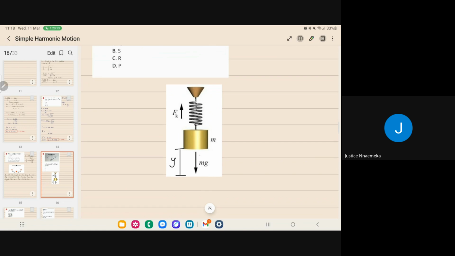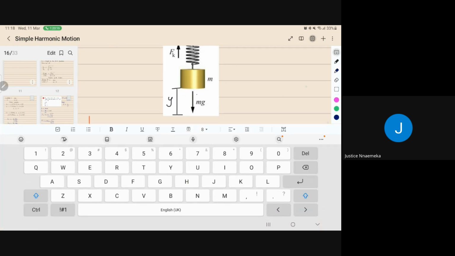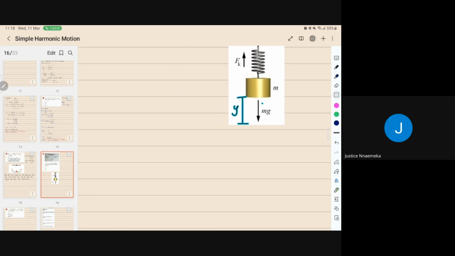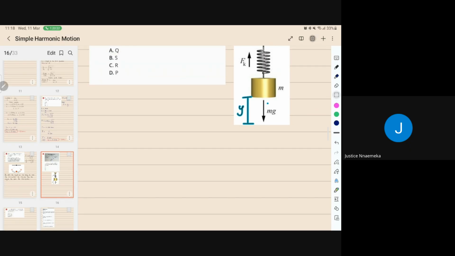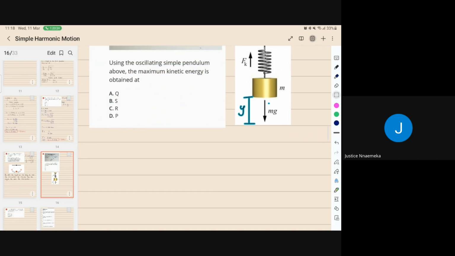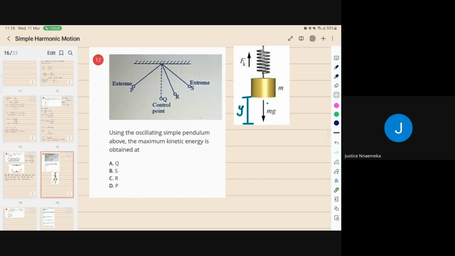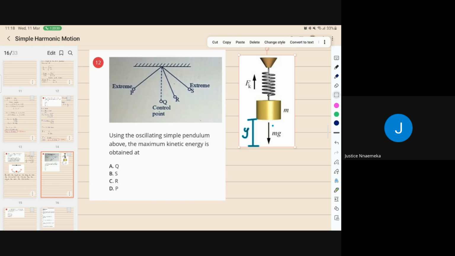Okay, observe this. Let me move it to the right-hand side. All right, guys, I think it's okay here for me to make my emphasis. So what am I trying to say about energy when it comes to the simple pendulum? Now, if I draw this down, it goes up, down, up, down.